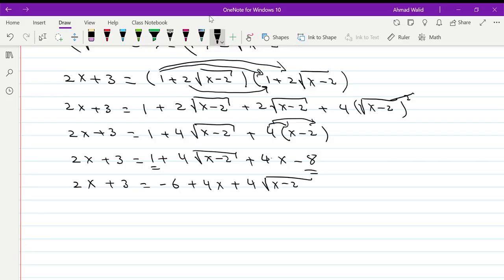Now the terms 4x and negative 6 don't have a radical in them. Move them to the other side, correct? Let me erase these lines because you will think I will divide. It means add 6 and subtract 4x from both sides. Add 6 and subtract 4x from both sides.